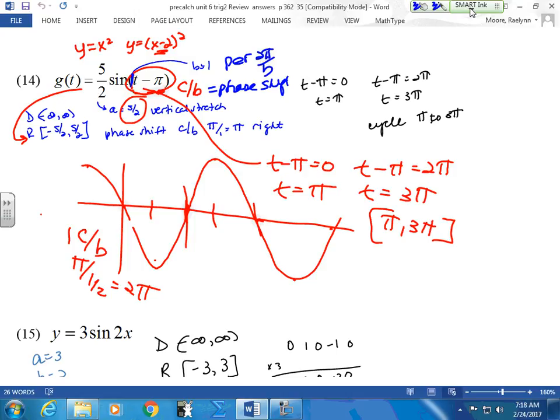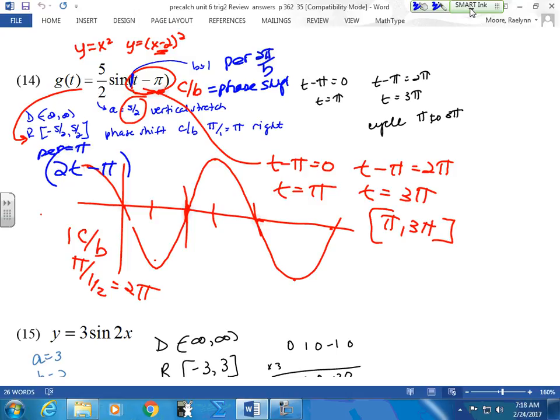If this would say 2, I need 2 curves in 2 pi. Now my period is pi. So I can't shift it pi. I got to shift it half of that. So it would come out to say pi over 2. If you think about it logically, without this, I said I need 2 cycles in 2 pi, right? Each of my periods has to be pi.